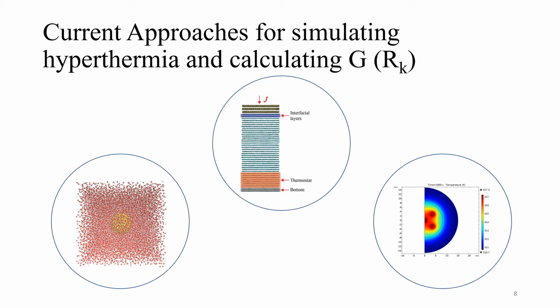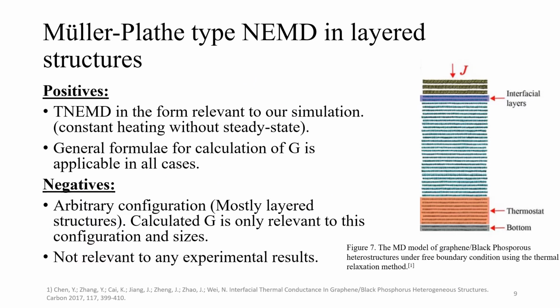The first regime is the layered approach, where we use a Muller-Platt type NEMD simulation. We have a constant heating at one point, and thermostating is really low. So it is in the regime that we want.